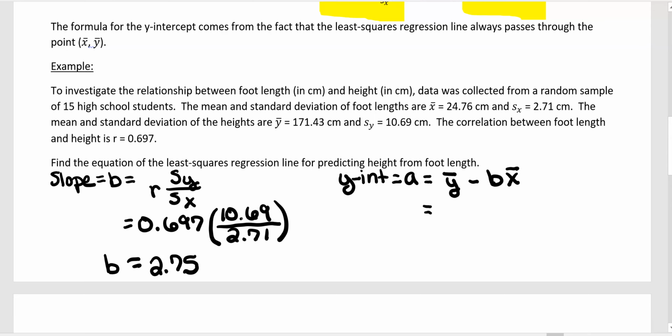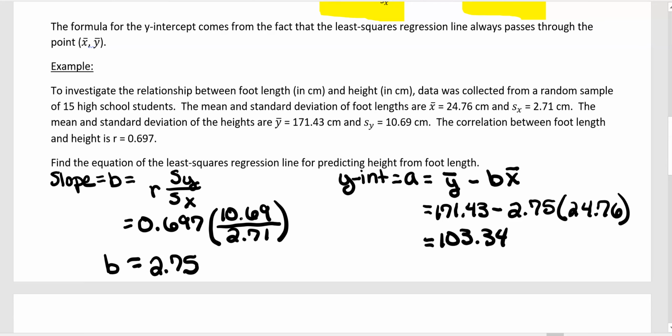All right, so y bar was 171.43. b we just found is 2.75. And then our x bar is 24.76. And then mashing the buttons in your calculator, you're going to end up with 103.34, and that's your a.